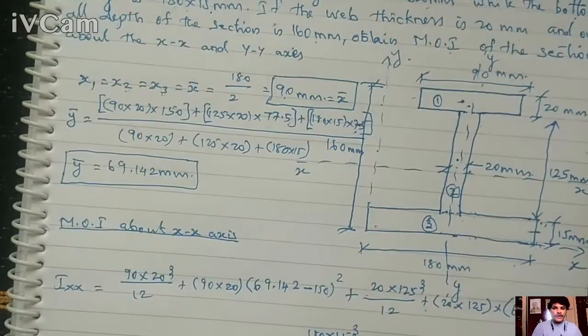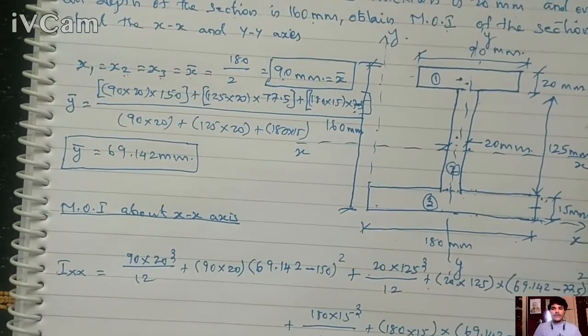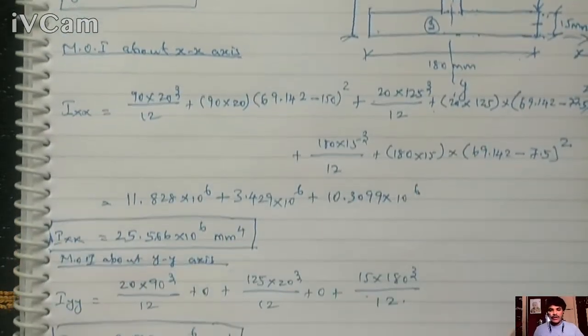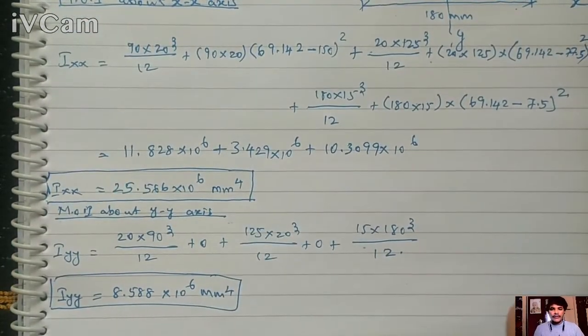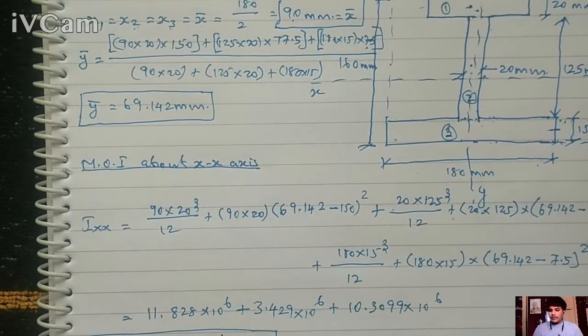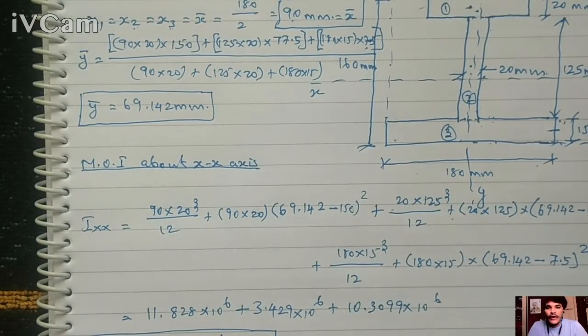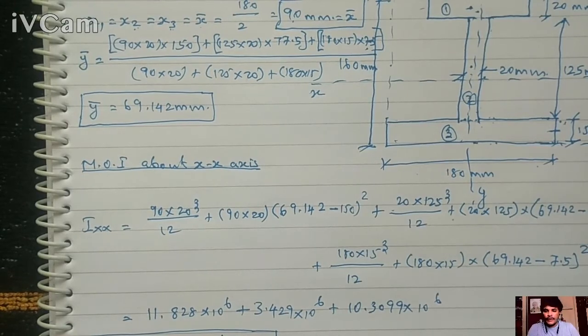So that's it. The problem is over. I have calculated x bar, y bar, Ixx and Iyy. Up to this, in today's presentation, we have discussed angle section, T section, channel section, and today's I section.